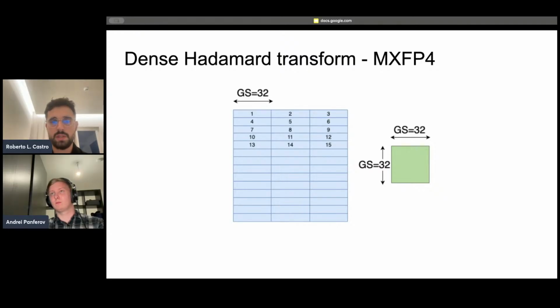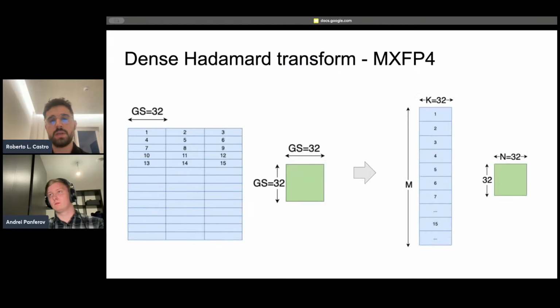That means that instead of applying this 32 by 32 block to each block on this blue matrix, we can just transform this problem to this one, because all the information is contiguous in memory, and that means that this Hadamard transformation can be applied as a normal GEMM.